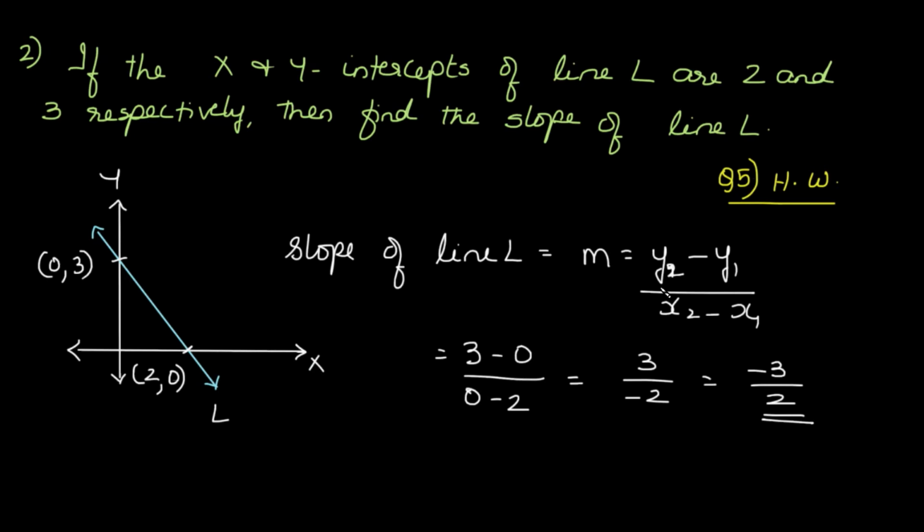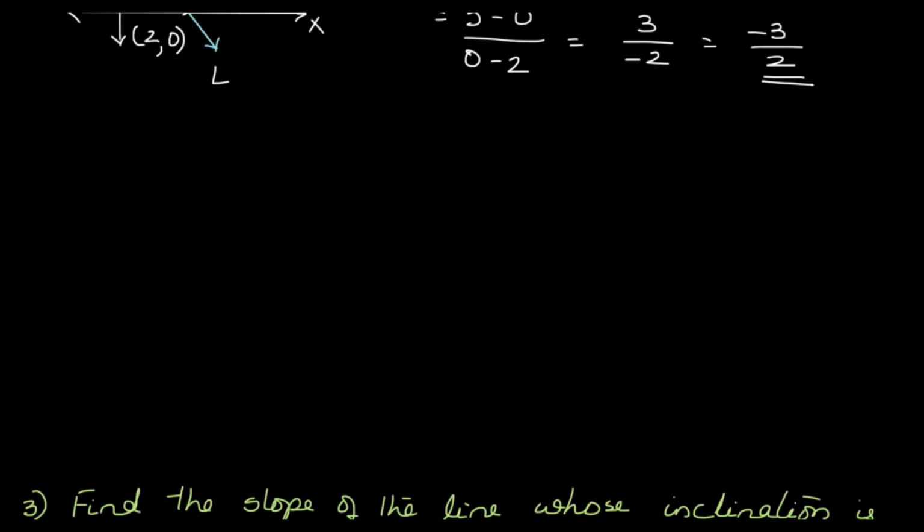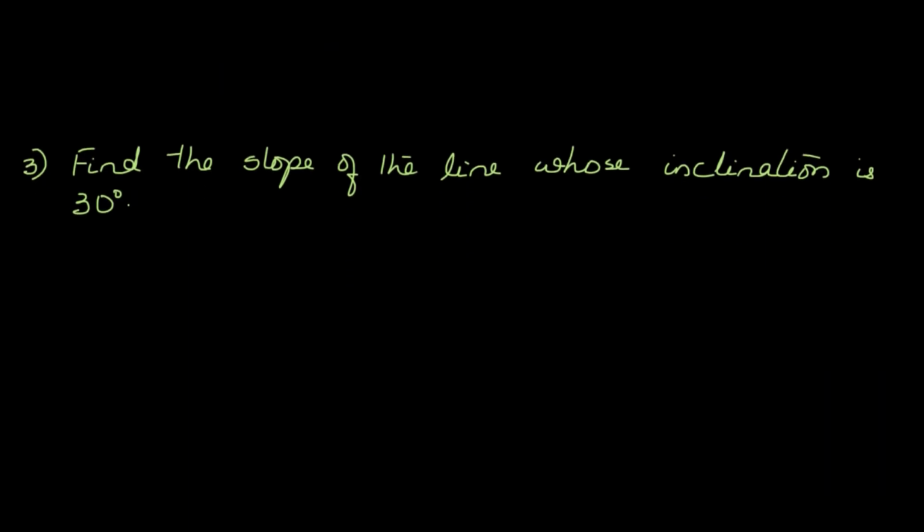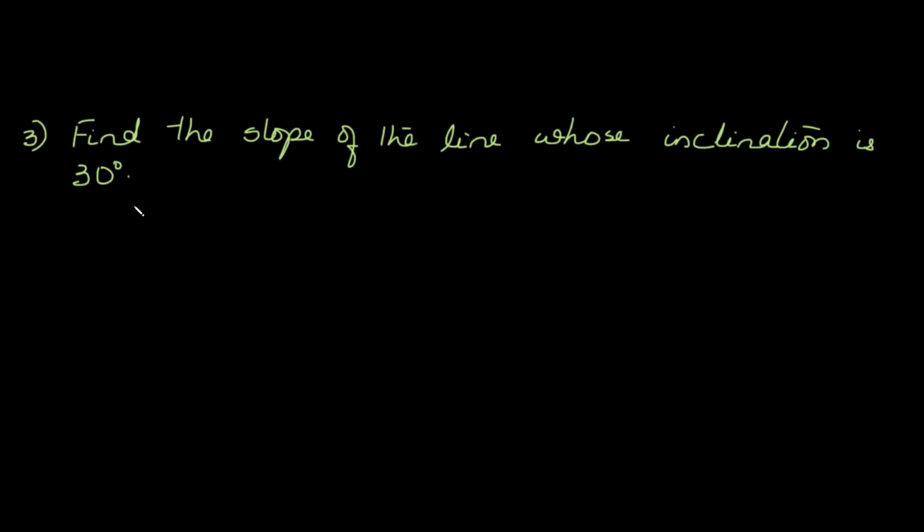Easy, isn't it? Now question number 5 of the same exercise 5.2 is a sum which is similar to second sum. So this sum you are going to solve as homework. We go to the next sum. In this case, find the slope of the line whose inclination is 30 degree. That means theta is 30 degree.